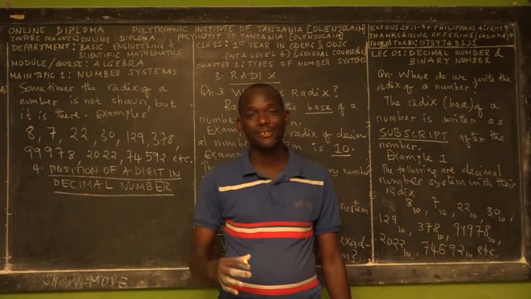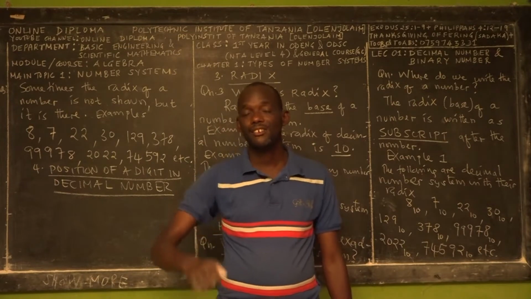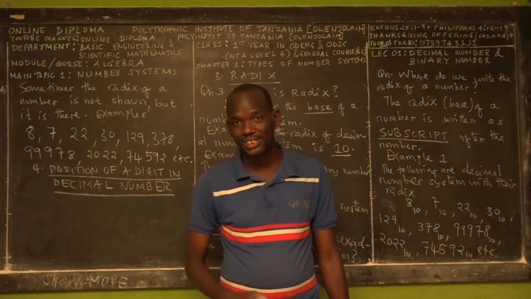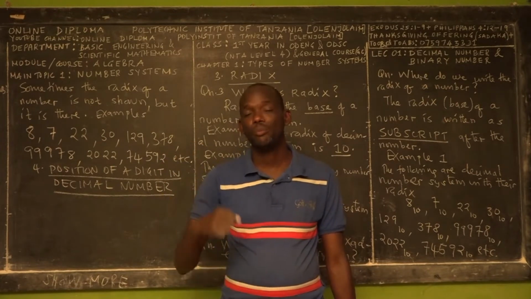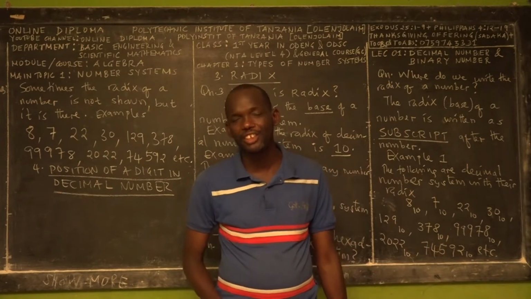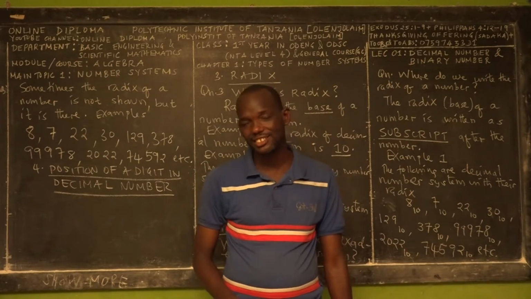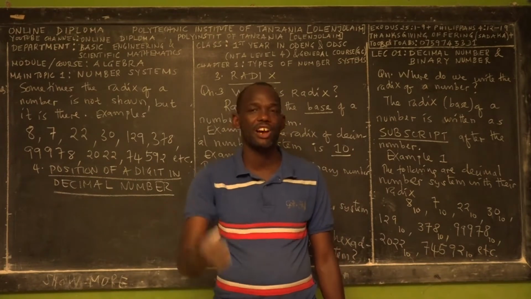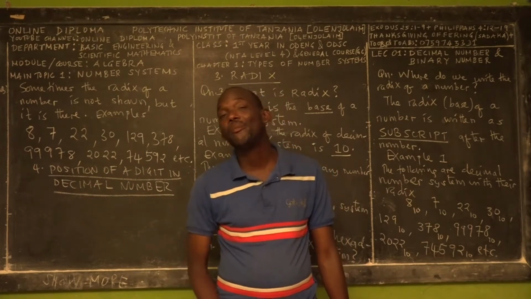So how many classes? Okay, for secondary education, 6 classes. For ordinary diploma, 3 classes, or 3 levels of study. It means 3 classes, so that makes 9. And then for undergraduate or bachelor degree, we have 4 classes. So 4 years of study, right? Because each class is 1 year of study. So the total makes how many?